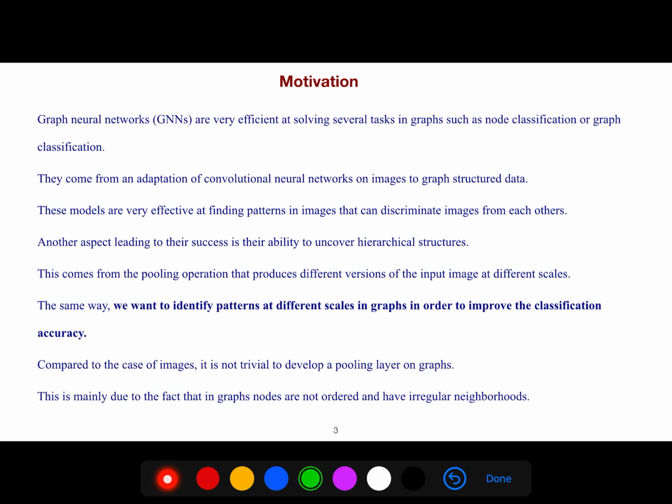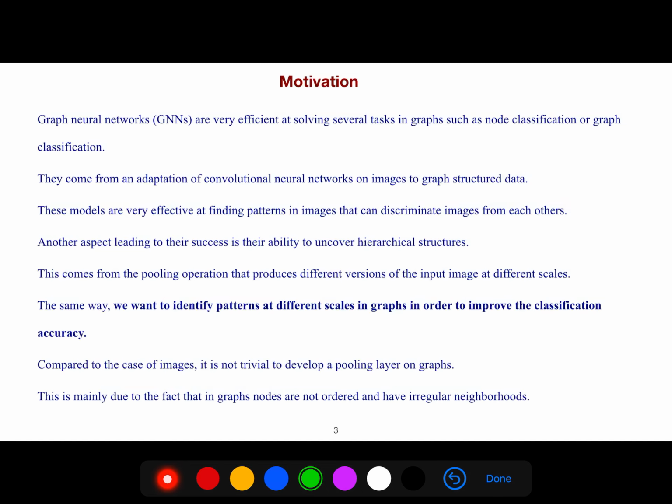So graph neural networks are very efficient at solving tasks in graphs such as node classification or graph classification. They come from the adaptation of convolutional neural networks on images to graph-structured data. These models are very effective at finding patterns in images that can discriminate images from each other.